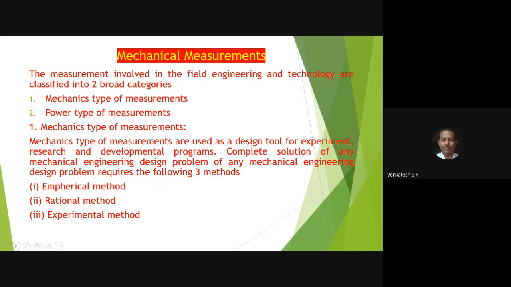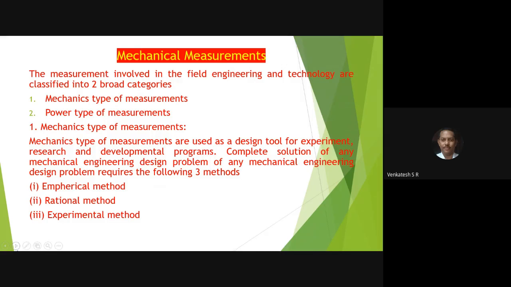Below that, write down in brackets: first, mechanics type of measurement, and below that, power type of measurement. This is the answer for that.